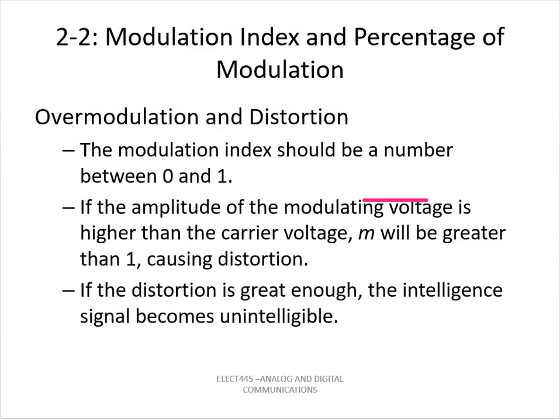Okay, furthermore we can see overmodulation and distortion. When do we get overmodulation, and when do we get distortion? You can see the modulation index should be a number between 0 and 1. Remember that we will be getting the modulation index between 0 and 1.